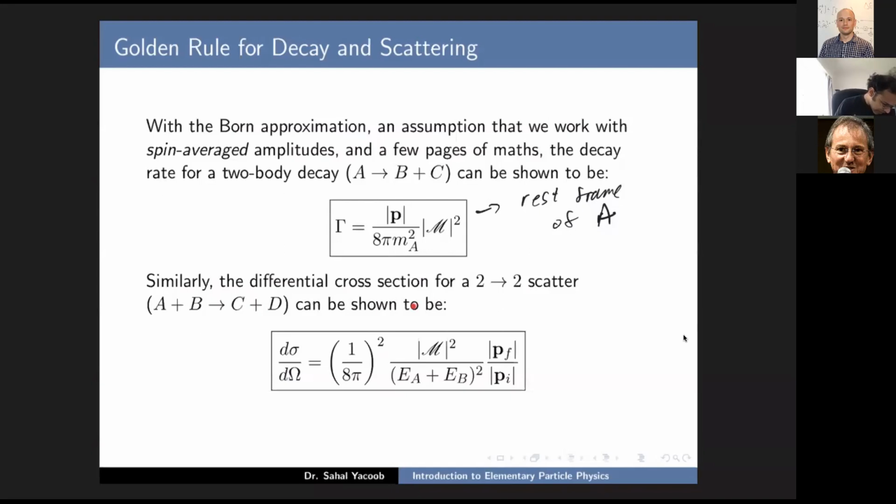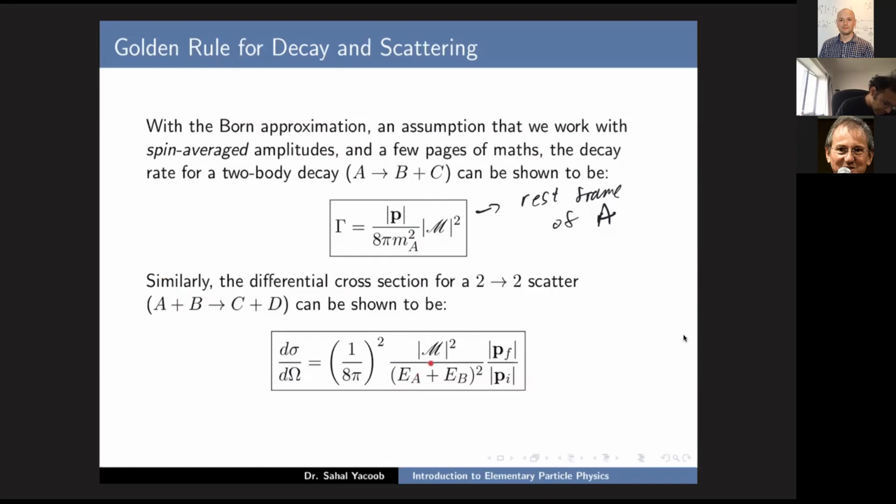On the bottom, we have a 2 to 2 scatter where incoming particles A and B become outgoing particles C and D. And there's a similar structure. We have 8 pi squared instead of just the 1/8 pi that comes from the extra particle. Essentially, we have the total energy squared, which in this case is the sum of the energies of our incoming particles rather than just the mass.